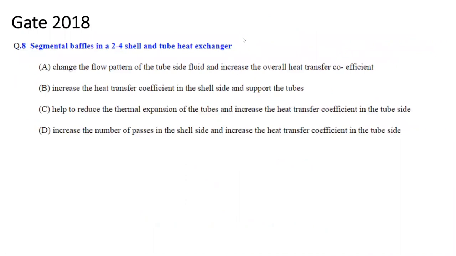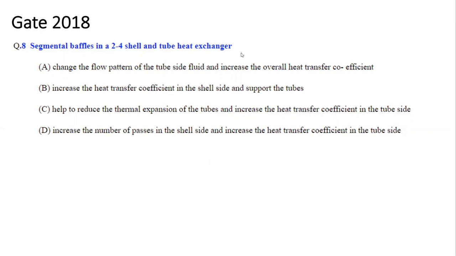This problem is from GATE 2018, and the problem says: which of the following statements is correct for this particular statement which is highlighted in blue. So segmental baffles in a 2-4 shell and tube heat exchanger, what is the function of it?